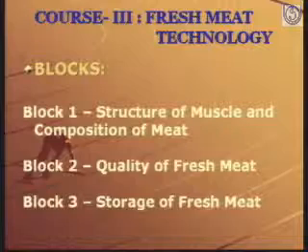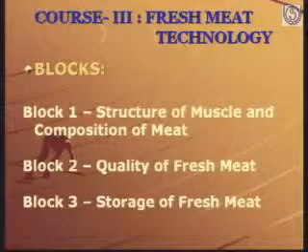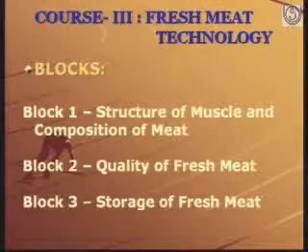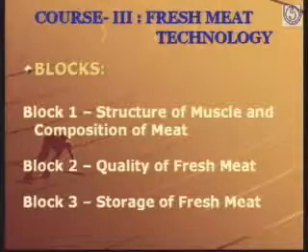Before going to the first block, I am explaining the term fresh meat. Fresh meat is a product which has not undergone any further processing, but has undergone only the physical and chemical changes following slaughter. So this course will handle fresh meat only.